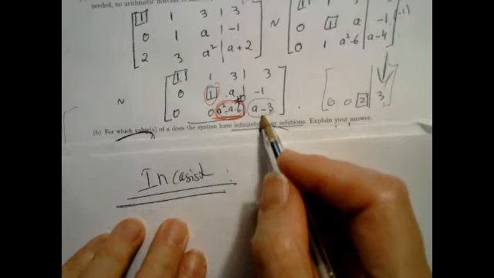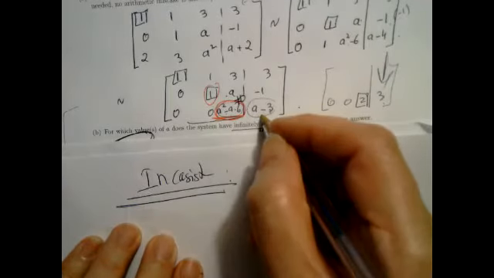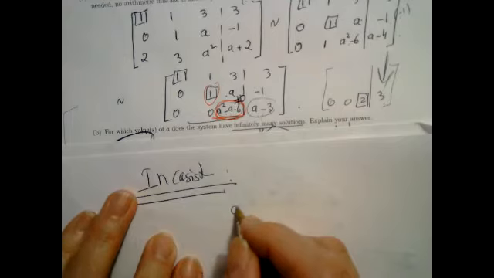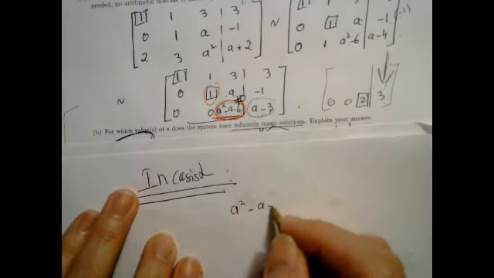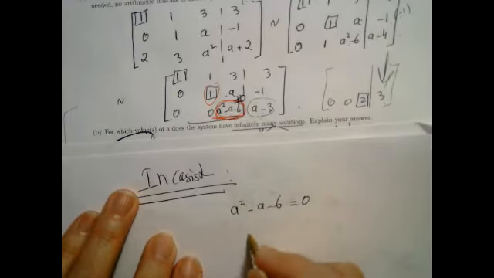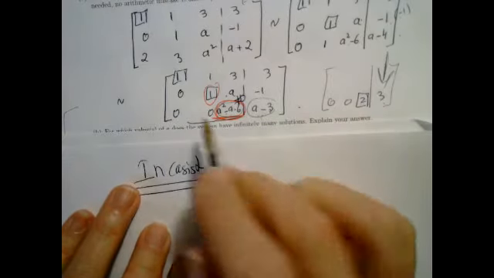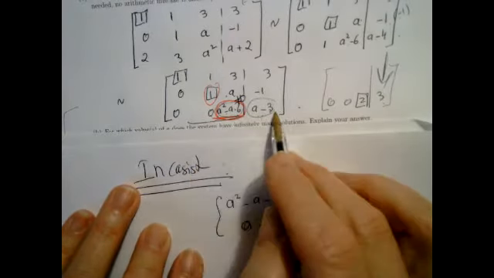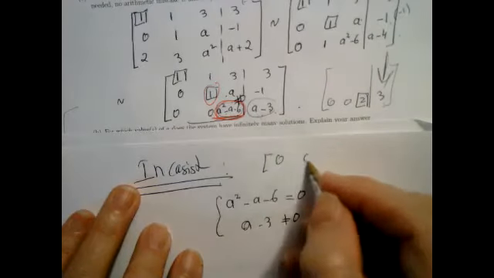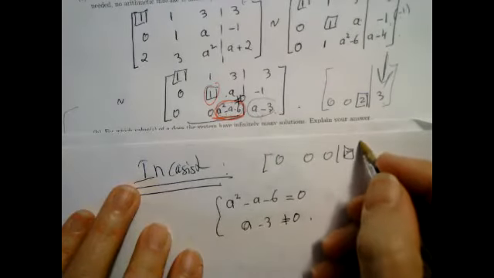So for the inconsistency to occur, I should have the following scenario. I cannot have a pivot in here. So if this term is 0 and this term is non-zero, that's really what creates the inconsistency. If I have 0, 0, 0 and a non-zero term, that's inconsistency.